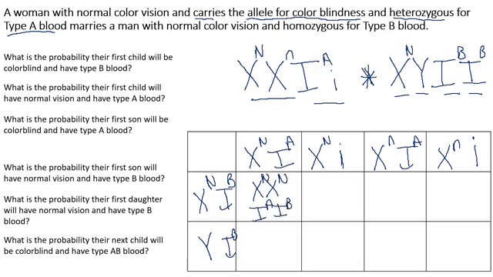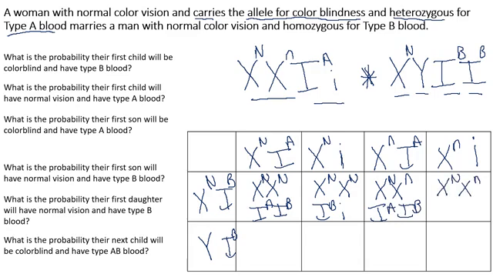So that's an AB blood. And then we have a homozygous normal with B blood. And we have a carrier. So these are all the females here. Another carrier. Now let's move on to the males.